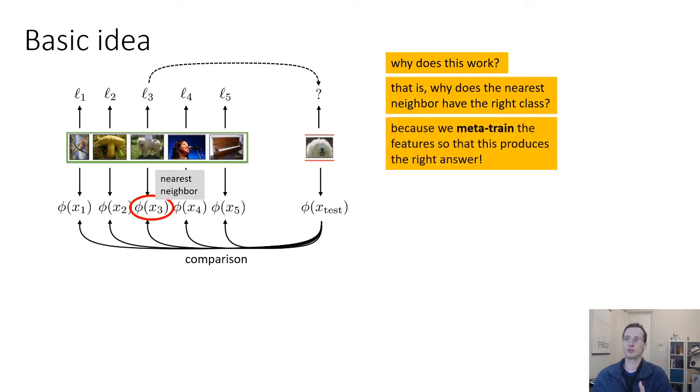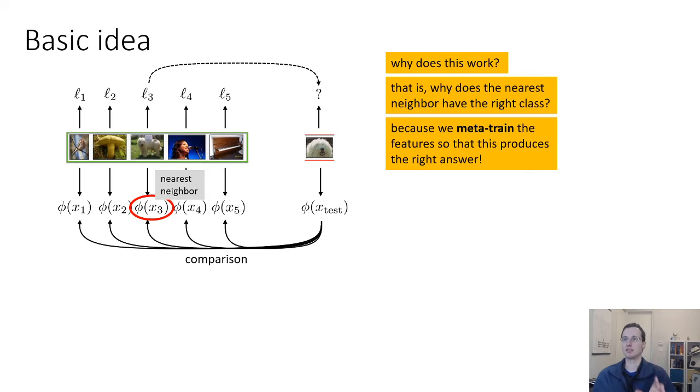So the key to making all this work is to be able to MetaTrain the embedding function phi so that on your MetaTraining tasks, on those tasks that you have in your MetaTraining set, this particular nearest neighbor approach produces the right answer. And if it produces the right answer on all of your MetaTraining tasks, then hopefully it will also produce the right answer in your MetaTesting tasks.